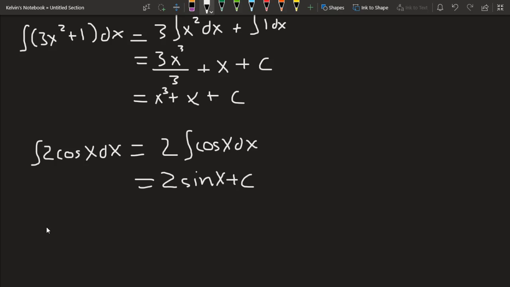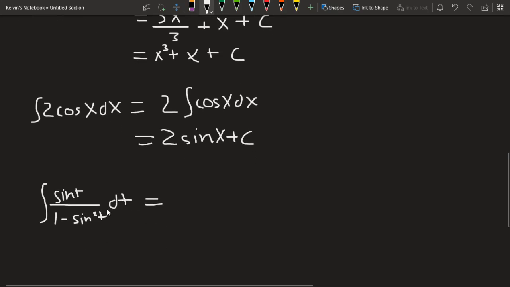This will be the integral of sine of t over 1 minus sine squared of t with respect to t. So for this one right here, the first thing to note is that it is t and not x. So make sure that you write in terms of t, otherwise you're going to mess up the problem.